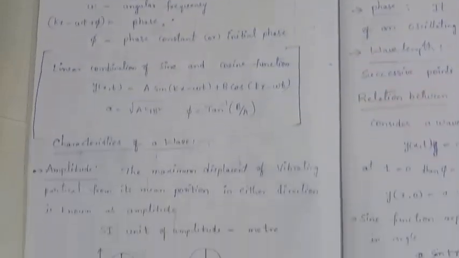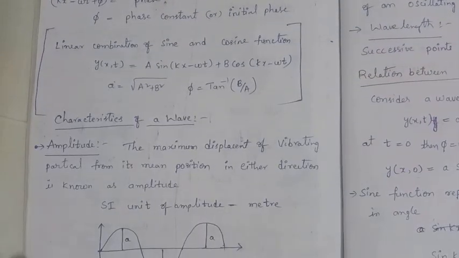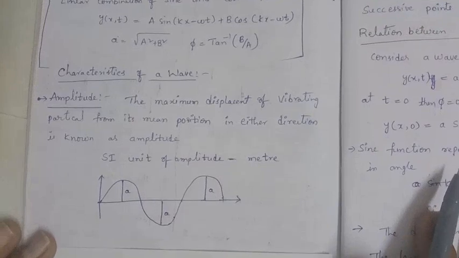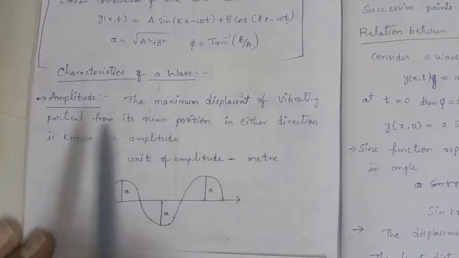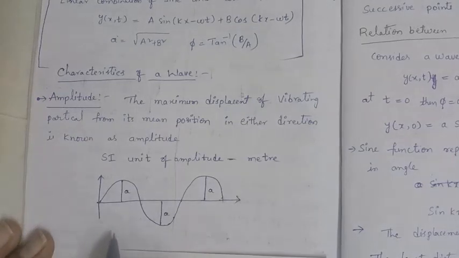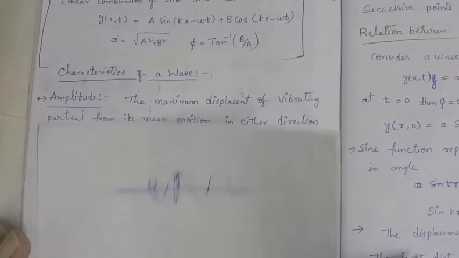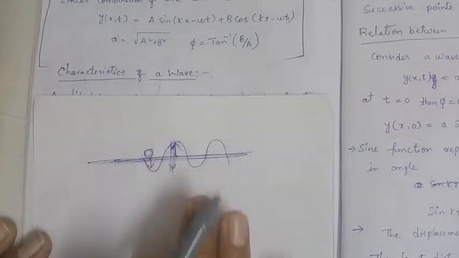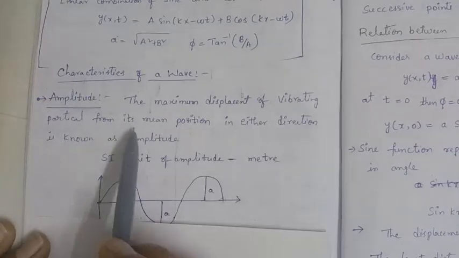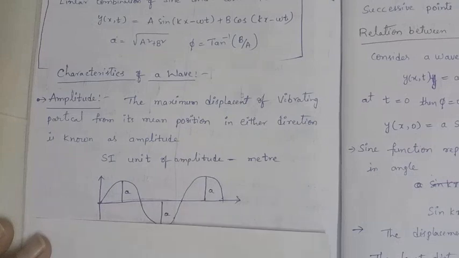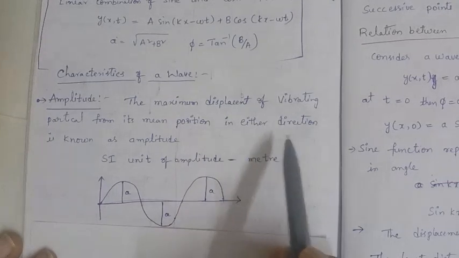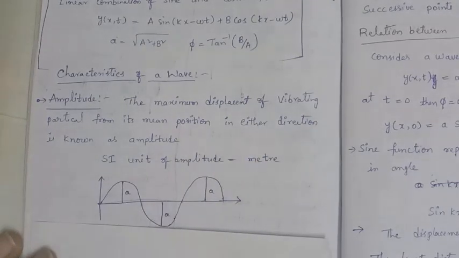What is the definition of the amplitude? Here you have to observe the diagram. The maximum displacement of vibrating particles from its mean position, in either direction, is known as the amplitude.